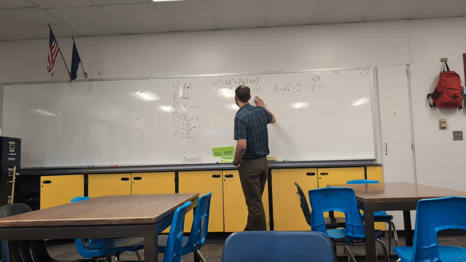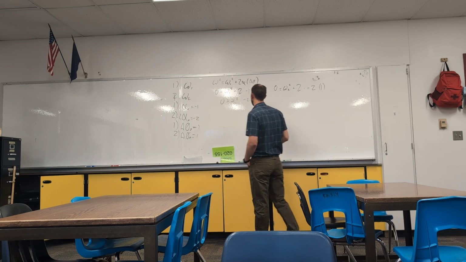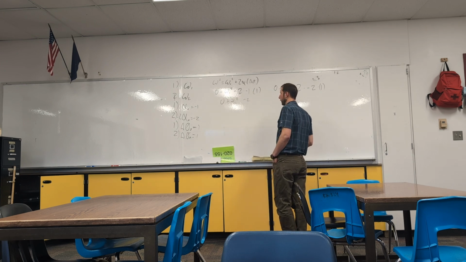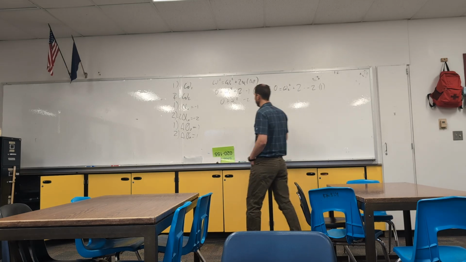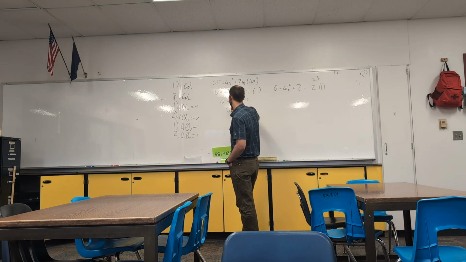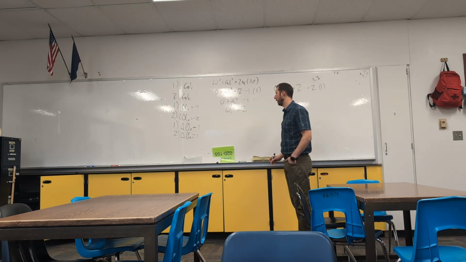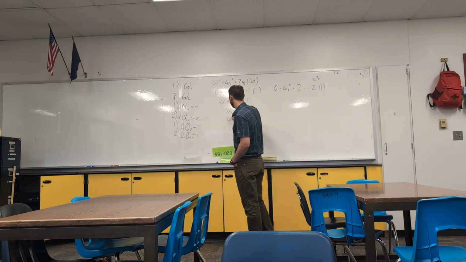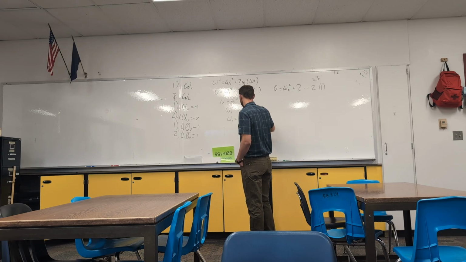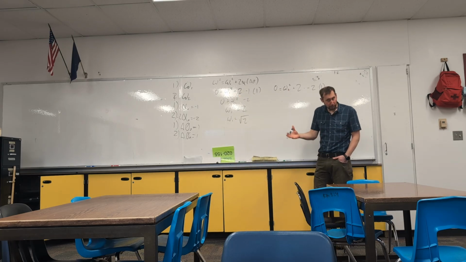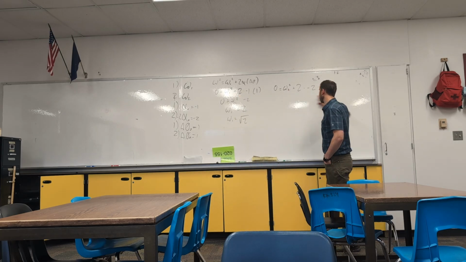So we simplify this to -2, so omega sub 1 squared minus 2 equals 0, and therefore omega sub 1 squared equals 2, and then omega sub 1 equals the square root of 2. This is familiar with what we ended up with in class.